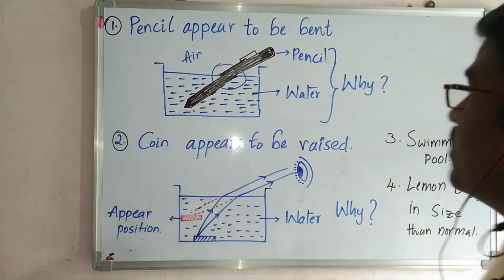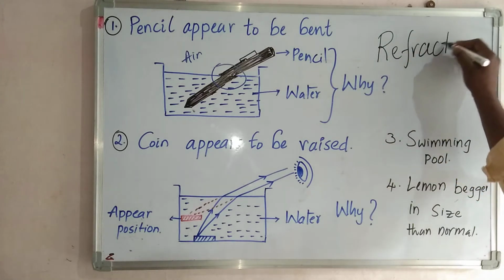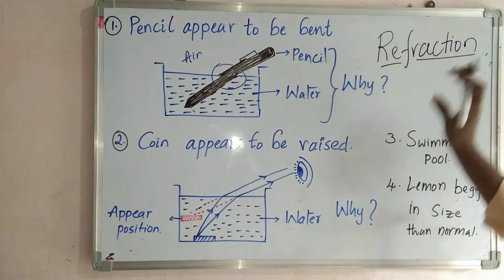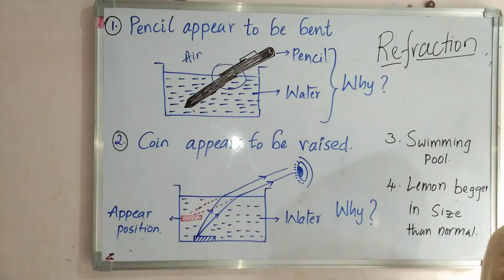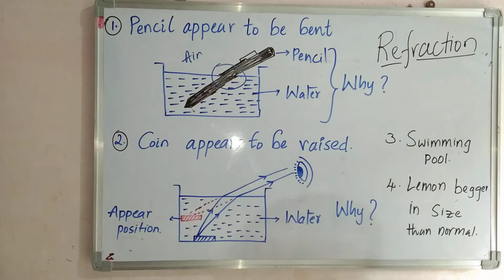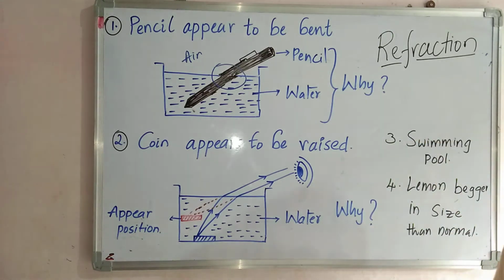That is nothing but refraction of light. Refraction is involved in these applications, and it produces different types of results, right? These things I will explain clearly once again after completing the definition of the refraction phenomenon.